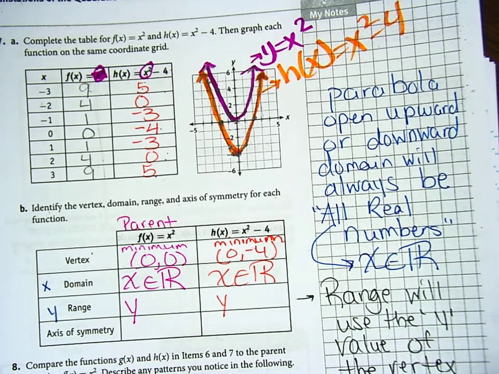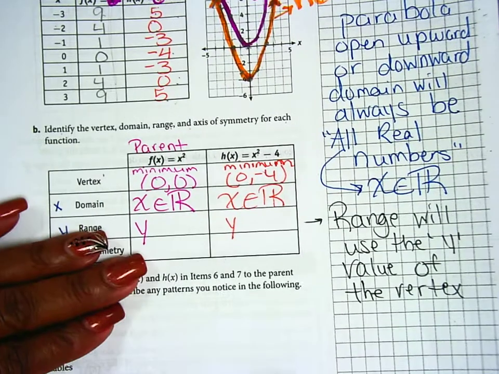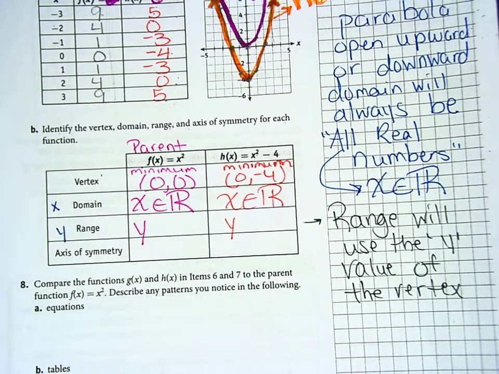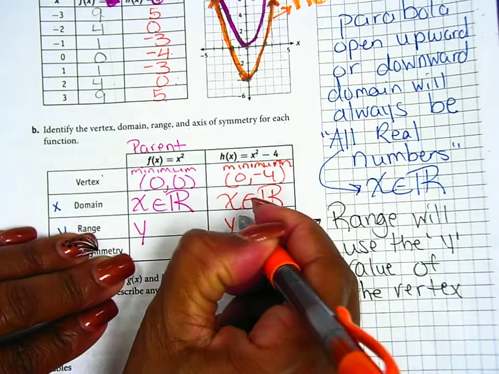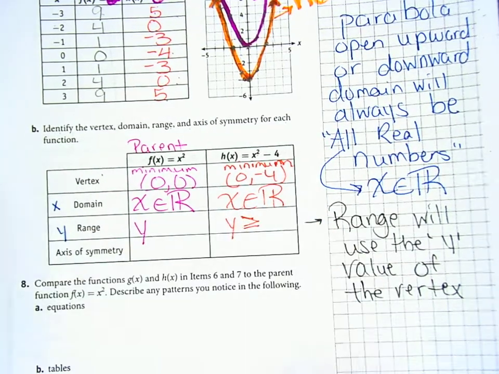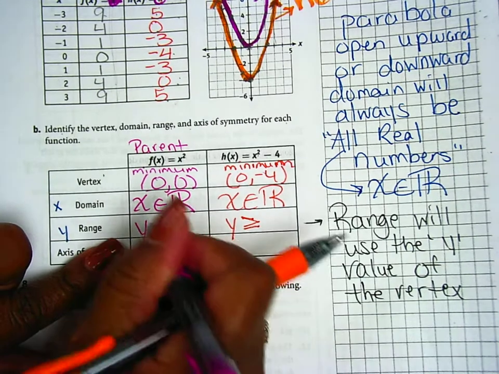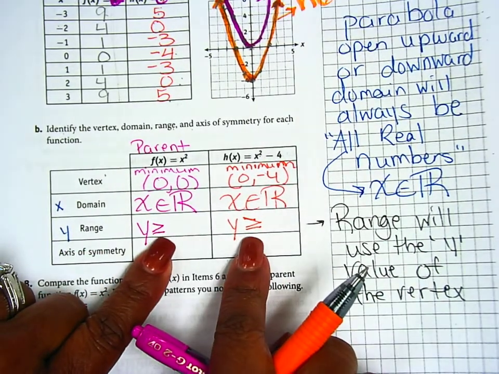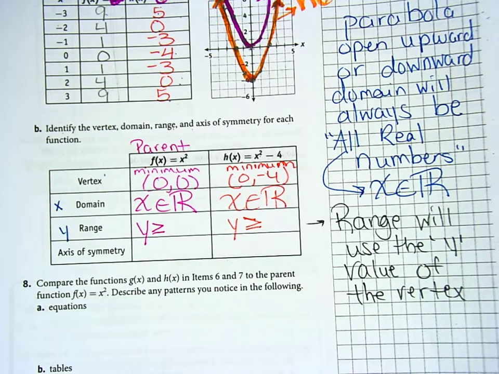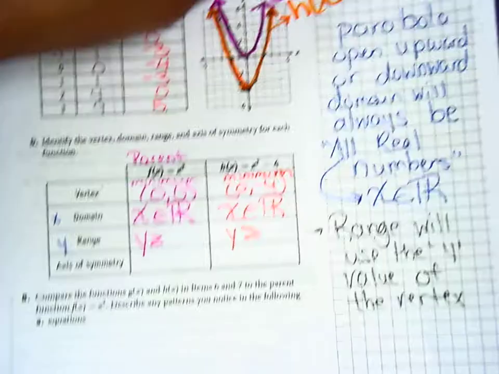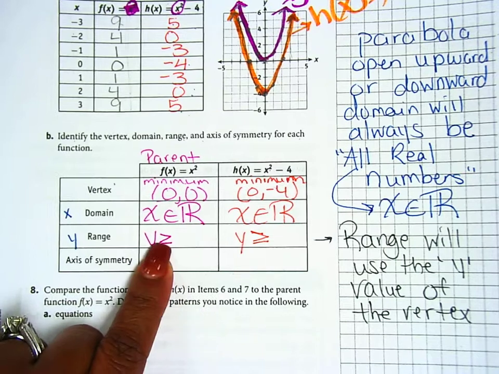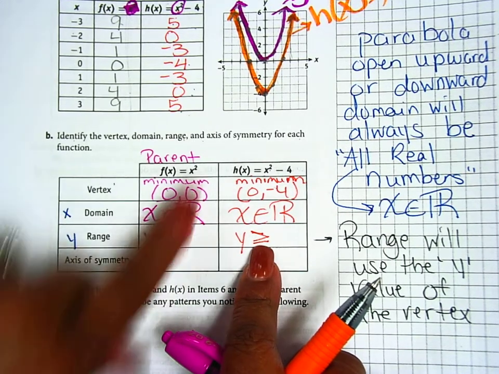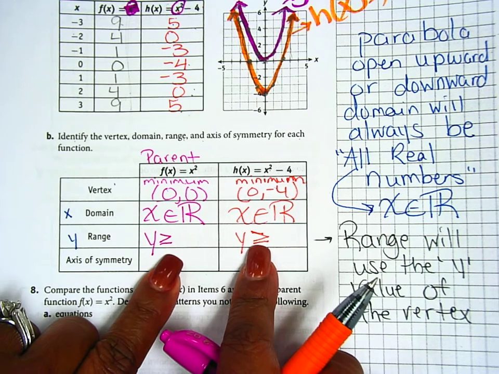And when it's open upward, your y value will be y greater than or equal to. If it's greater than or equal to when it's open upward, what will happen when the parabola is open downward? Just like I said, since this one is open upward, it's going to be greater than or equal to.